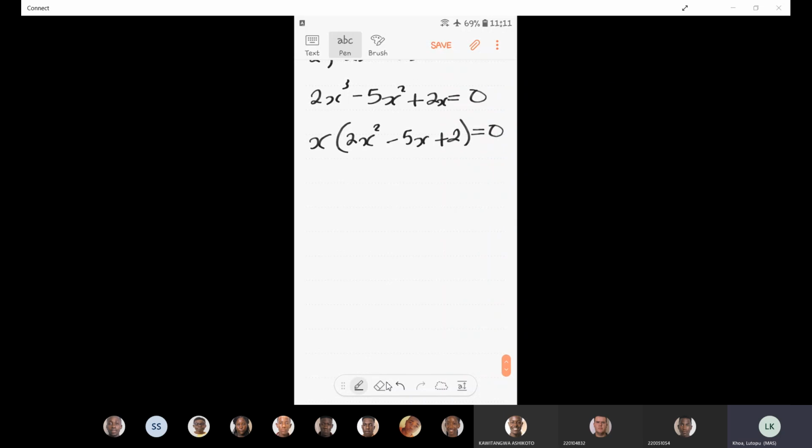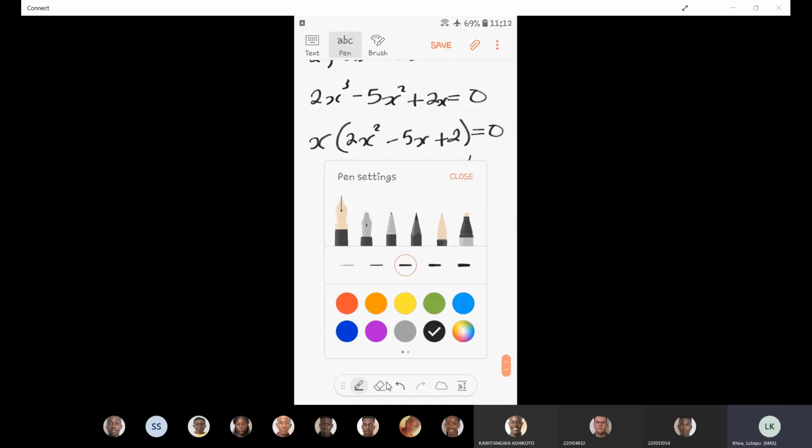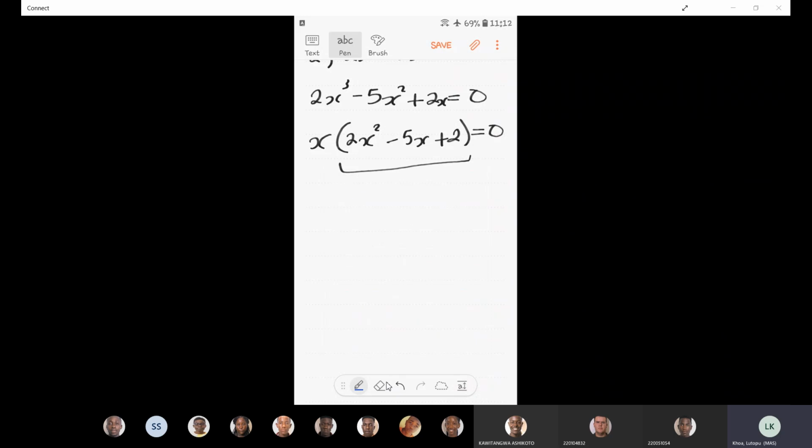Then you can see over here I have a quadratic equation, so I'm going to solve that one. So this quadratic equation, 2x squared minus 5x plus 2, is equal to 0. Even before that, I can see that I have two terms multiplying. I have x and then the quadratic bracket.